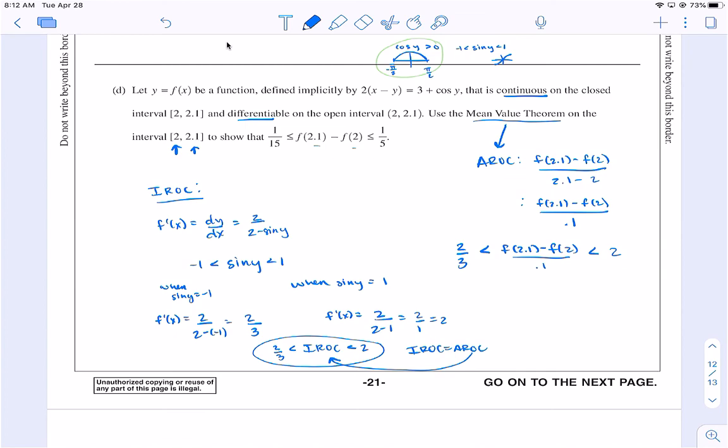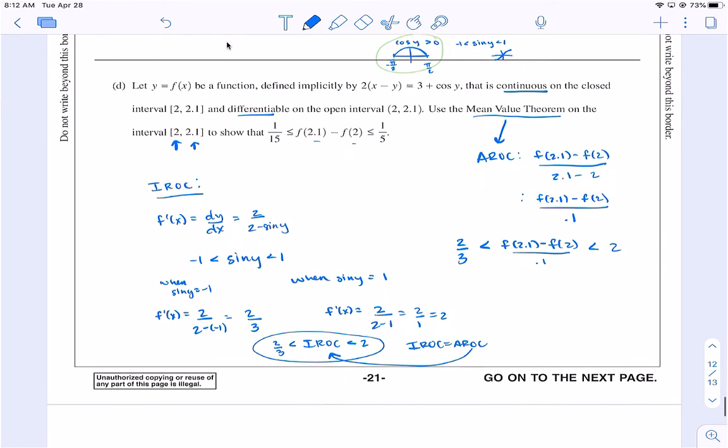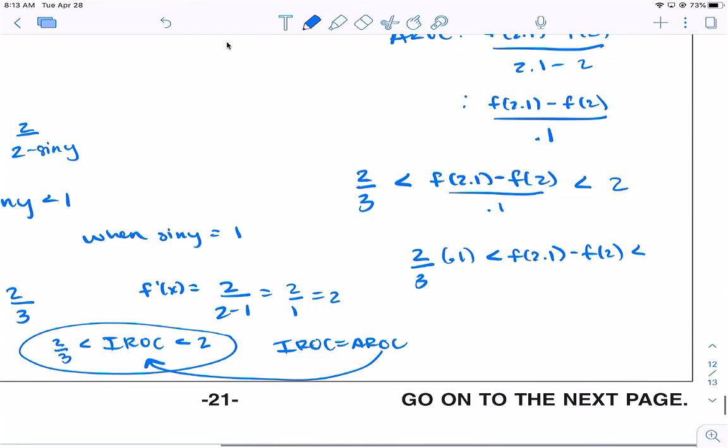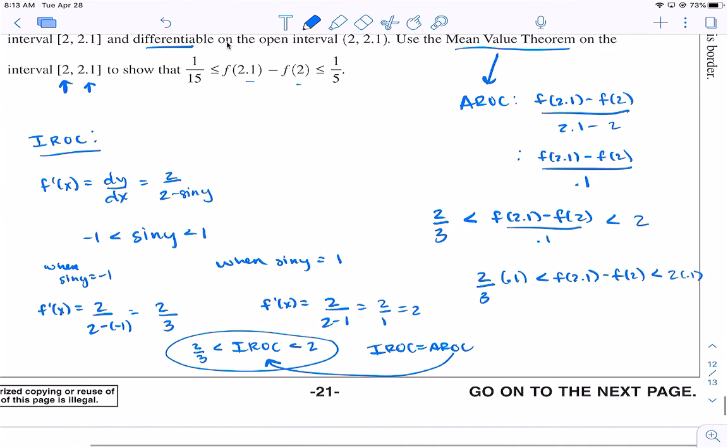I'm going to try to make it look like theirs, which is getting f at 2.1 minus f at 2 by itself, so I'm going to multiply everything by 0.1. If I multiply everything by 0.1, I'd have 2/3 times 0.1 is less than f at 2.1 minus f at 2, which is less than 2 times 0.1. I'm pretty sure this is going to come out to equal this.